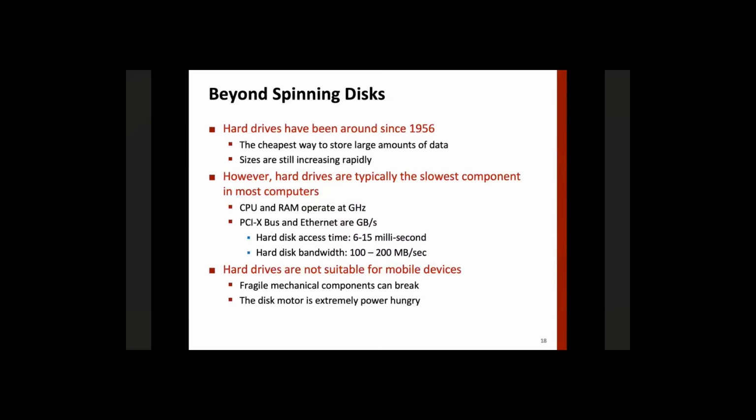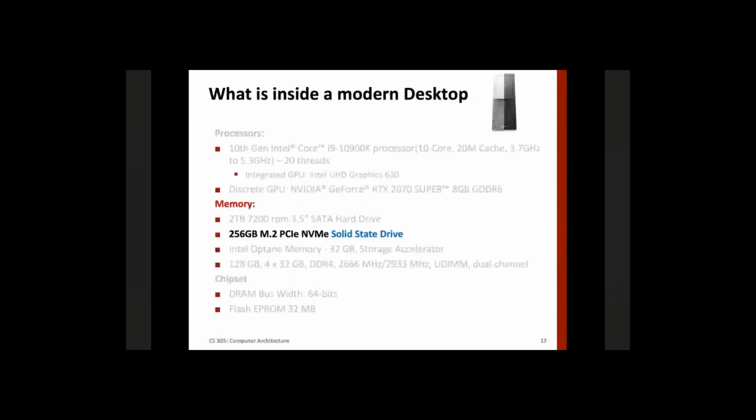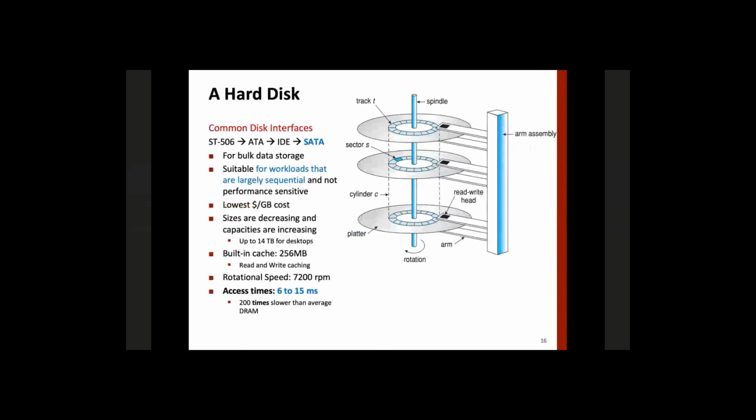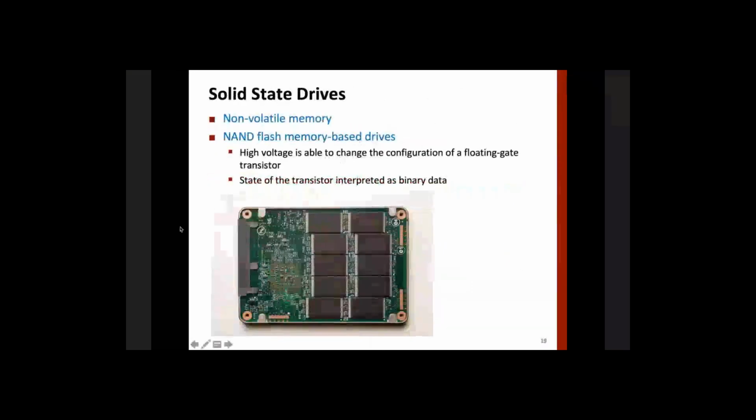Flash drive technology is also improving, but still is not perfect at this point in time. Here is a solid state drive. It's a non-volatile memory. It consists of flash chips, and the basic technology here is a NAND gate, or it's called NAND flash memory.